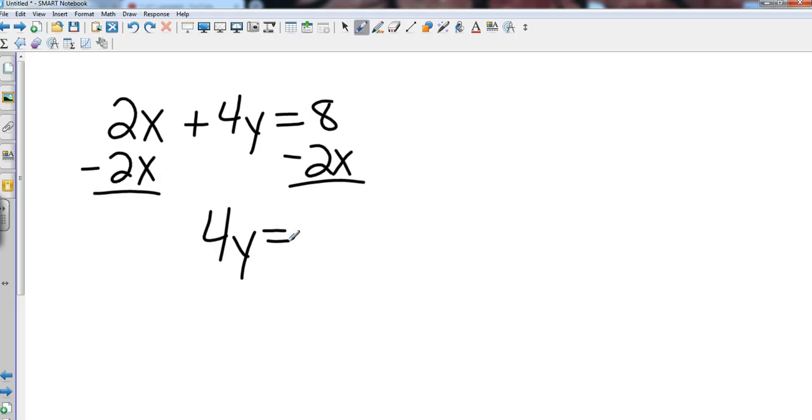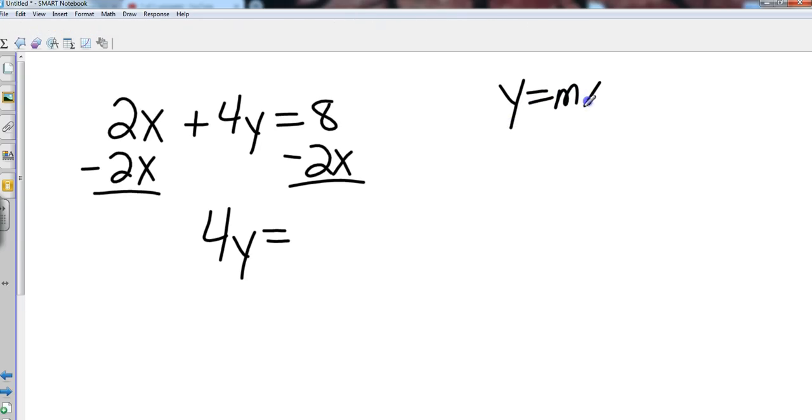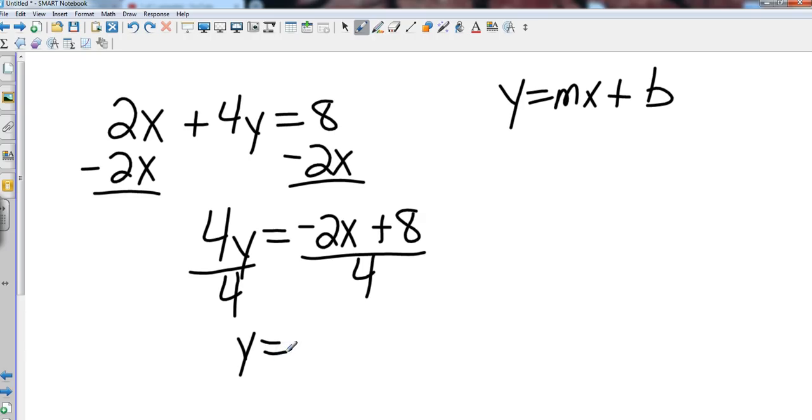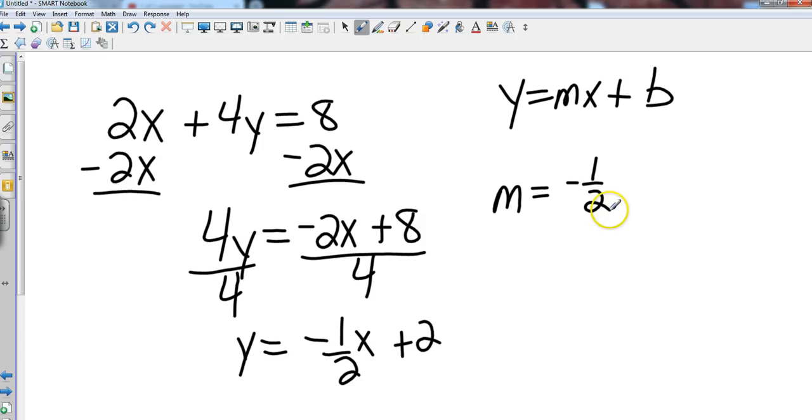Now in this case, because I want it in y equals mx plus b form, then I want to put that minus 2x first. Divide everything by 4. And so negative 2 over 4 is negative 1/2, so that's negative 1/2 x. And 8 divided by 4 is 2. So now I have a slope of negative 1/2, and I have a y-intercept of 2.